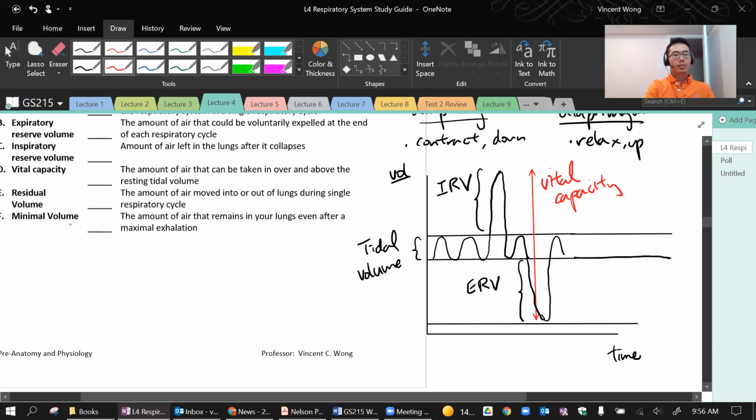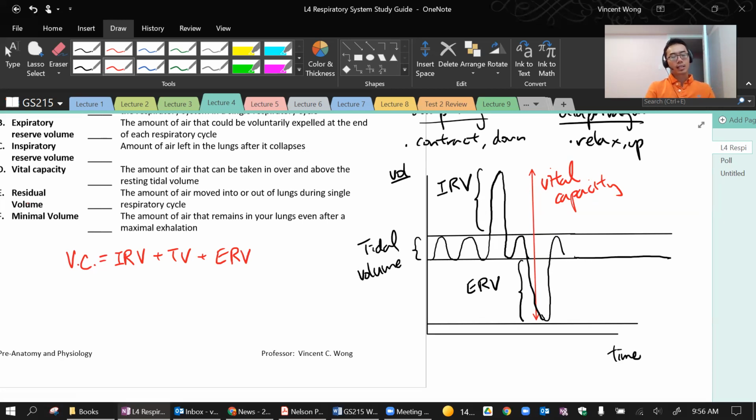So vital capacity equals inspiratory reserve volume plus tidal volume plus expiratory reserve volume. This is your normal breathing in and out, this is the extra bit that you can breathe in, and this is the extra bit that you can breathe out. If you add them all together, you get the total amount of air that you can voluntarily move in or out of your system.